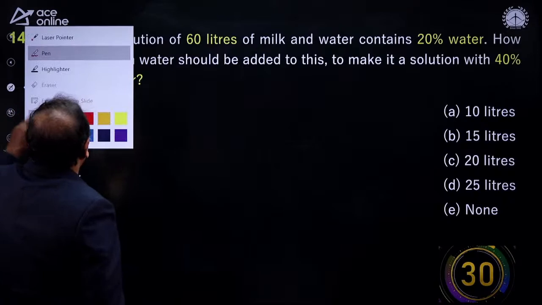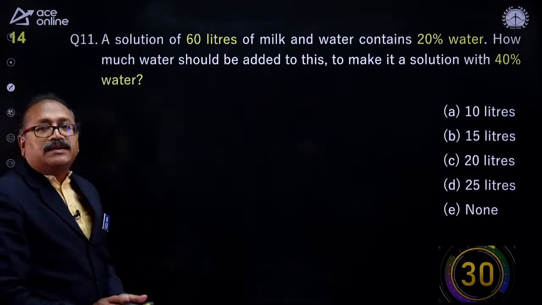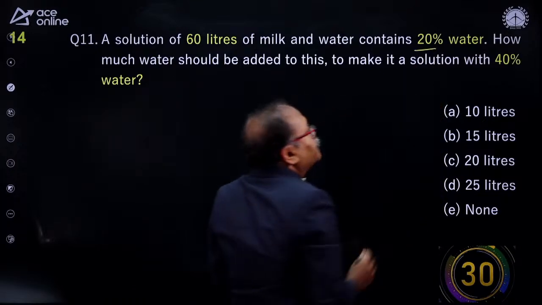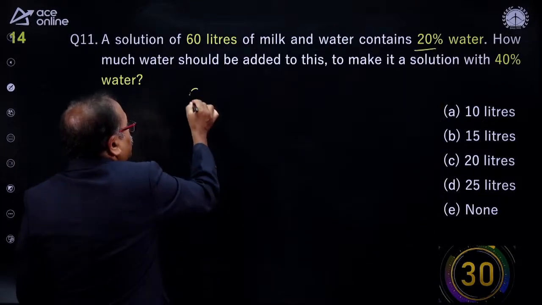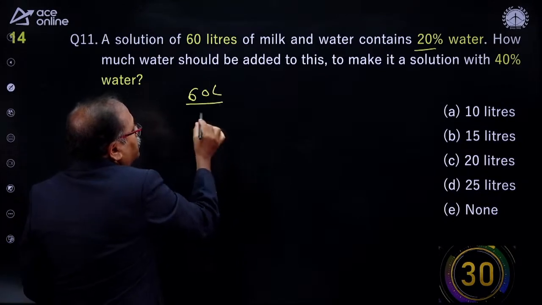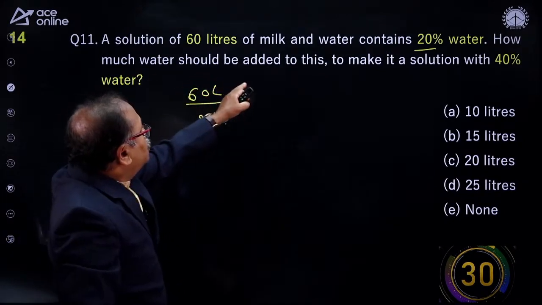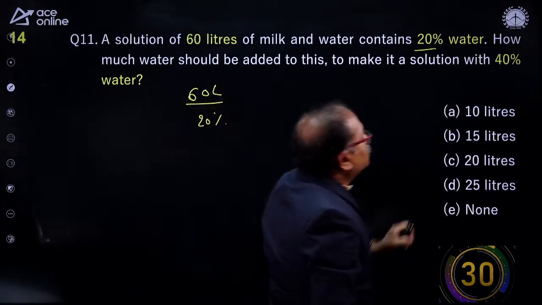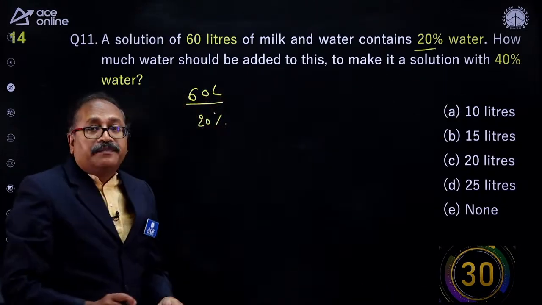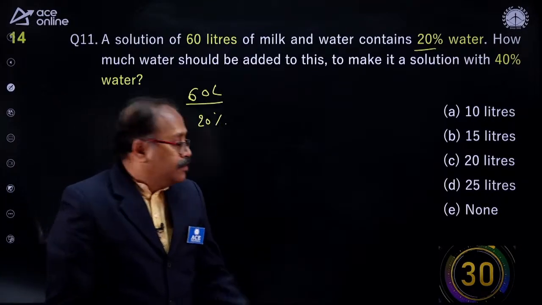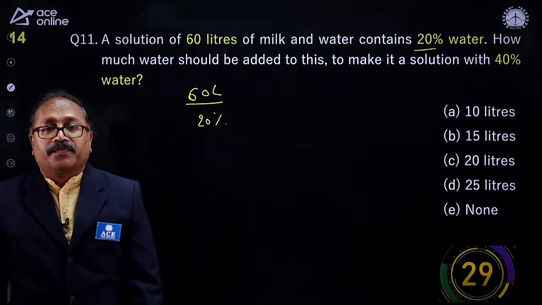Next question on the board right now. A solution of 60 liters of milk and water contains 20% water. How much water should be added to this to make the solution 40% water? These are very basic questions and frequently come in the exam. Your 30 seconds starts now.